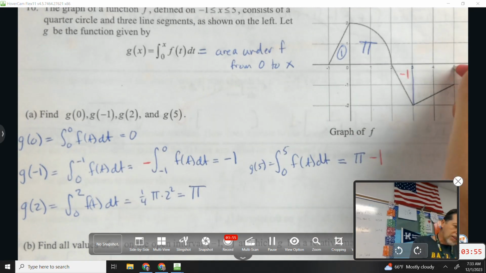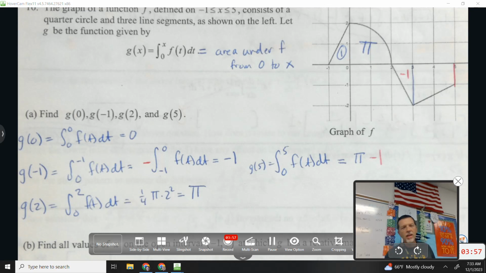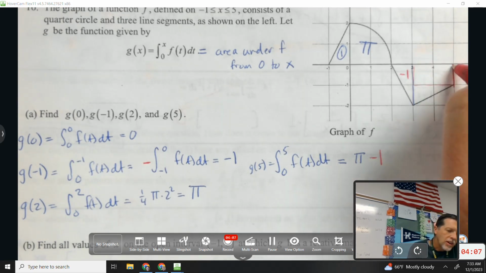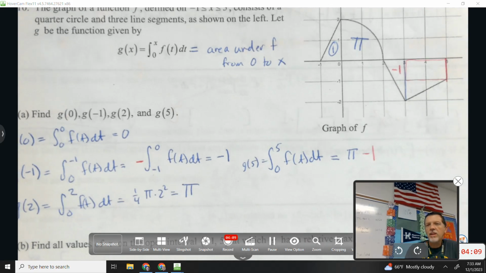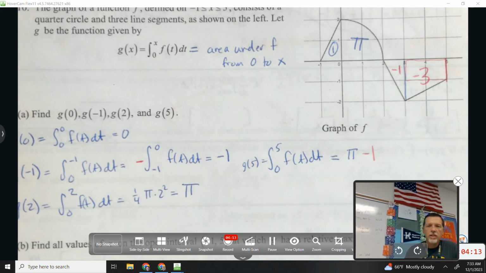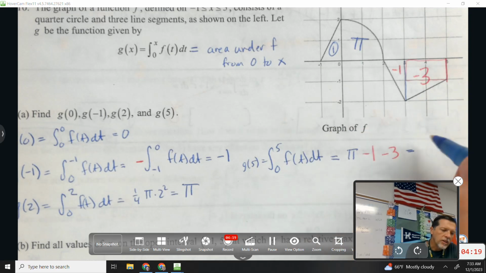And then this is a trapezoid, but you can avoid the trapezoid because you can almost just count them up. Or you could do a rectangle plus the triangles, however you want to get there. That rectangle is 2 and that triangle is 1, so all together is -3. So from 0 to 5, the total area is pi minus 4.